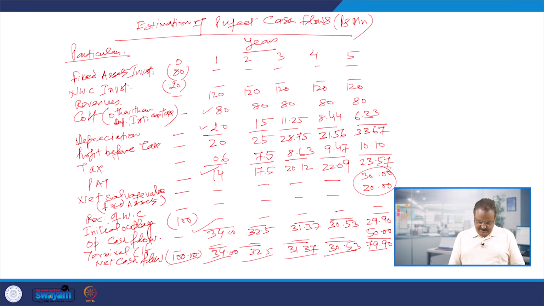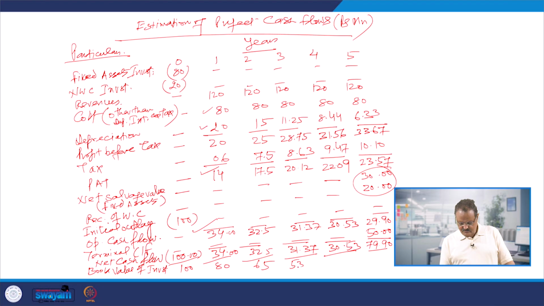And if you want to calculate the book value of the investment, how much is it going to be? Initially it was 100, then it came down to 80 after depreciation, then 65 million after depreciation for the next year, then 53.75 in the next year, then 45.31, like that.